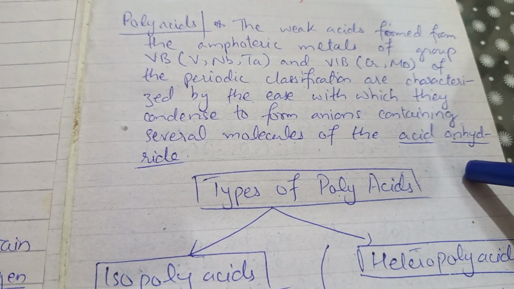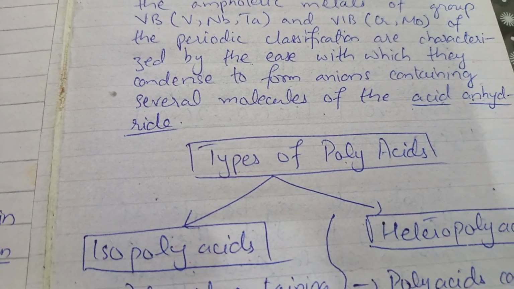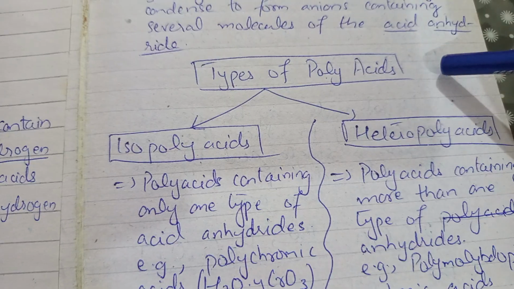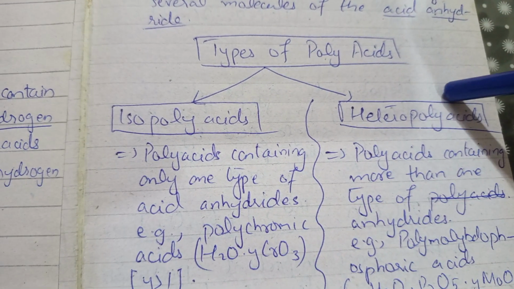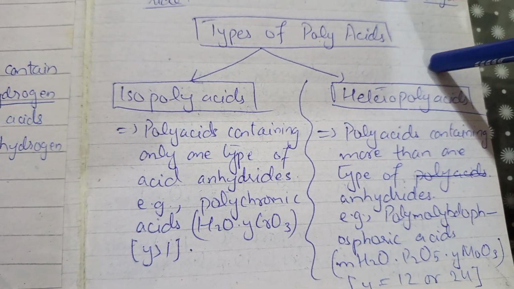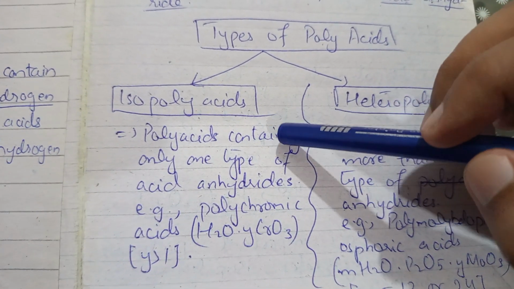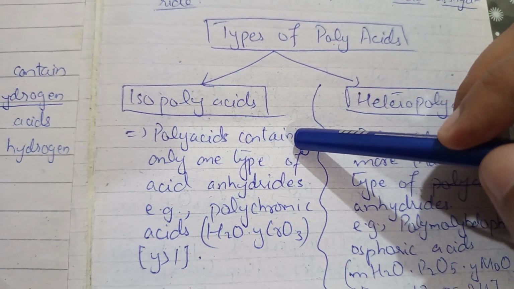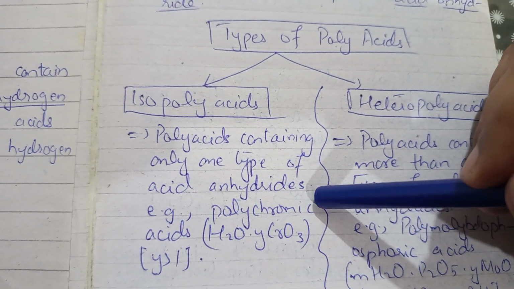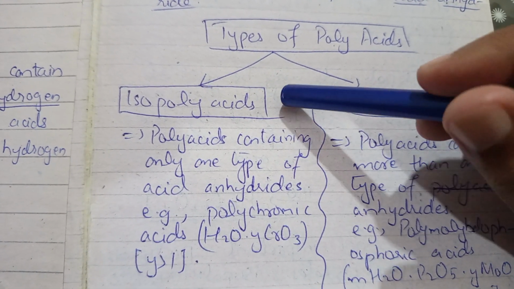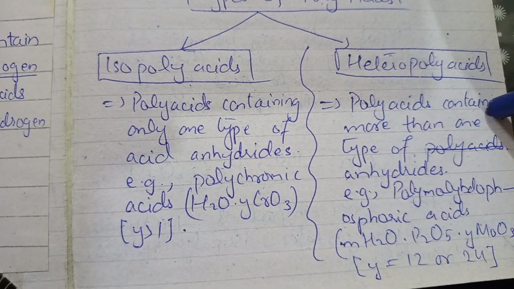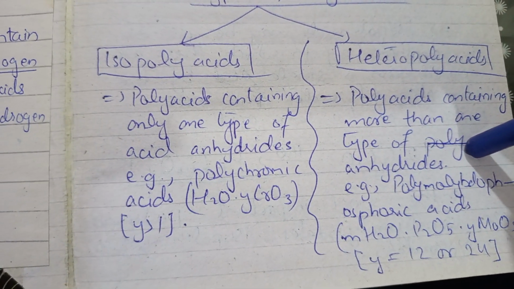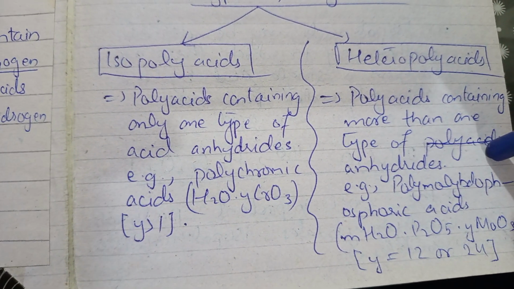So, if we talk about the types of polyacids, there are mainly two types: isopolyacids and heteropolyacids. Polyacids that contain only one type of acid anhydride, for example polychromic acid, are called isopolyacids, and polyacids that contain more than one type of anhydride are called heteropolyacids.